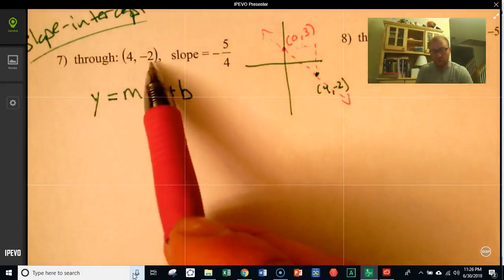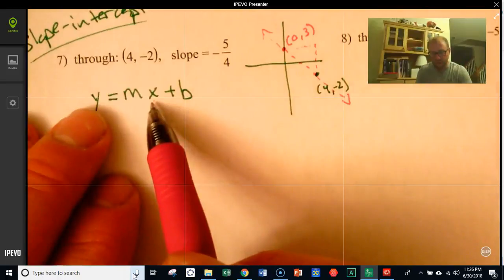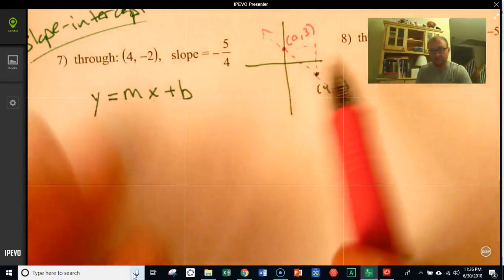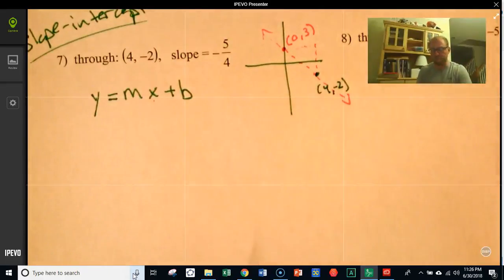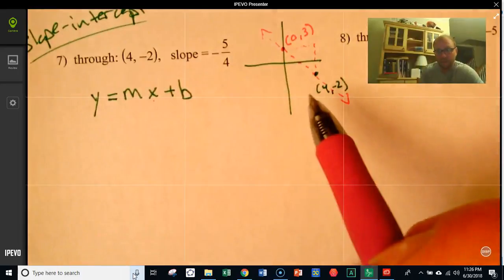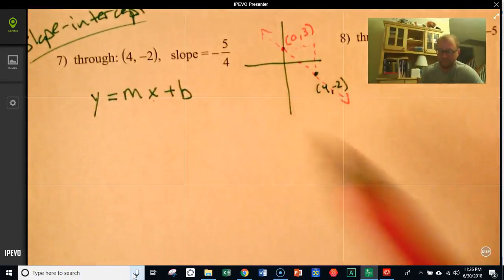So for example, the point 4, -2, I should be able to plug that in for x and y, and then I plug in the slope and the y-intercept for that particular equation, and then I get a true statement. So what I need to do is plug in this x and this y along with that slope, and figure out what b gives us a true statement.